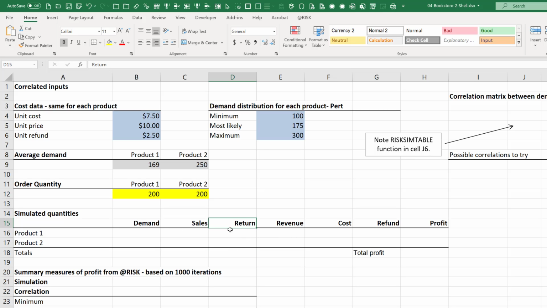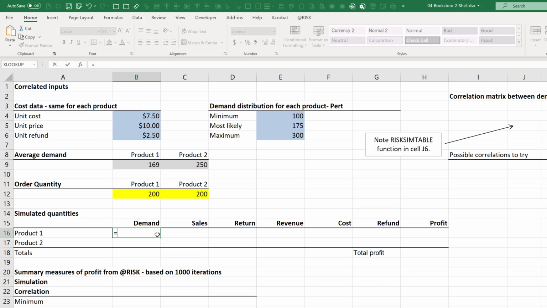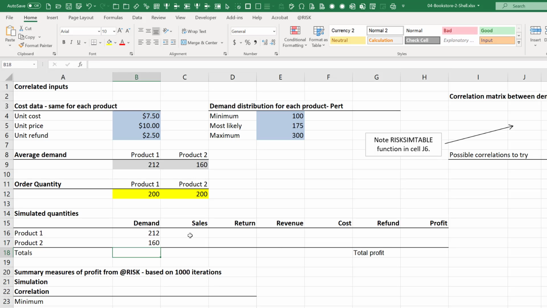So we set up one, and we can just copy it down to the next. Well, I don't know that I can do that. I can't do that anyway. So now demand. So that's the demand for product 1. That's the demand for product 2.